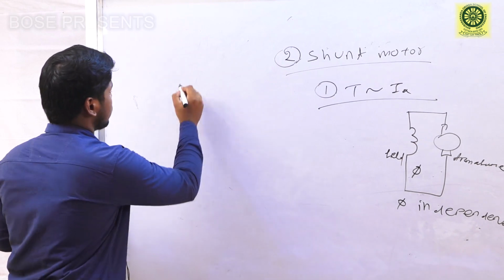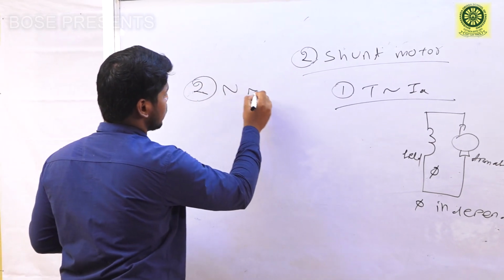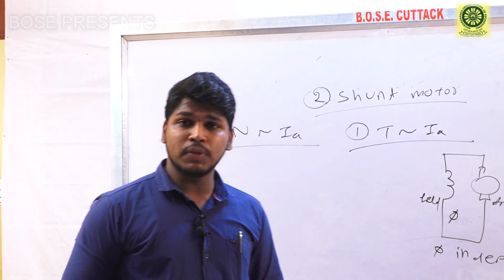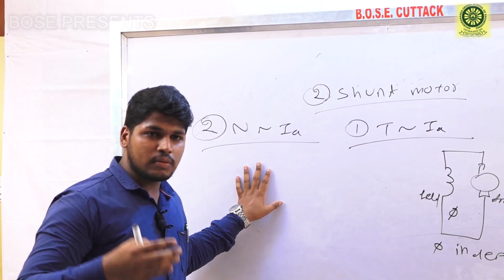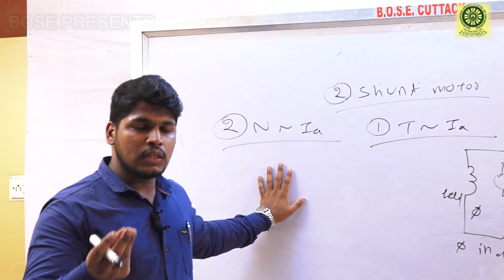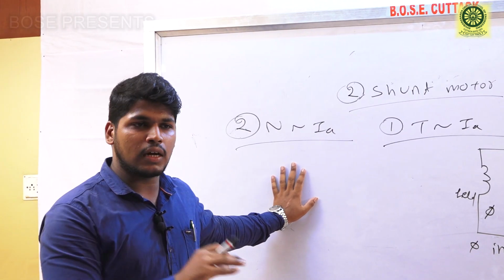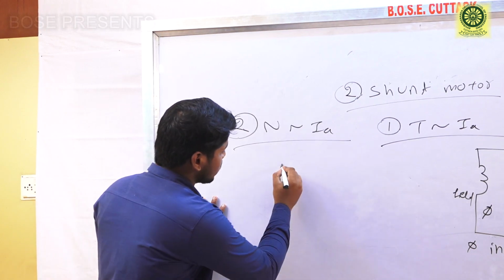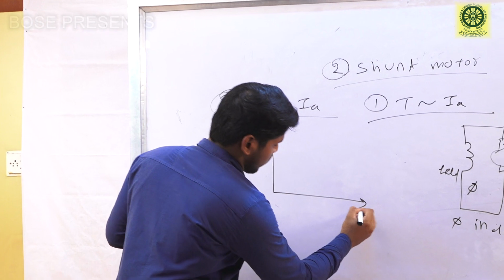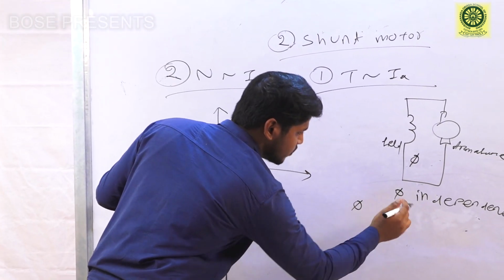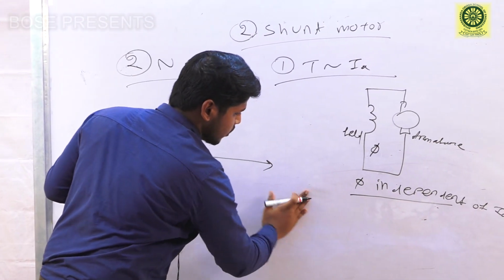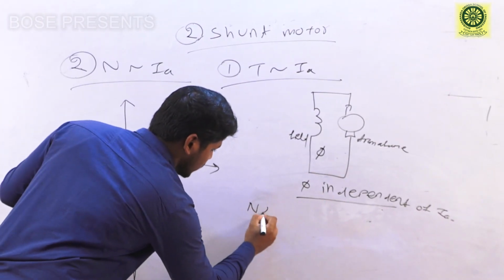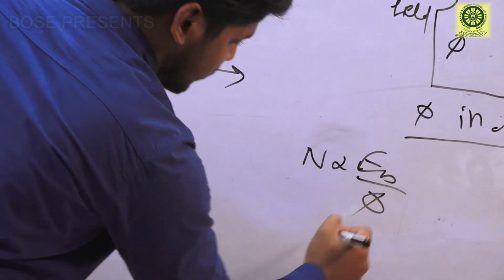The second one is speed versus armature current. As we know, it is a constant speed motor, but on varying the armature current, the speed will decrease slowly, though overall it is a constant speed motor. If we draw its characteristic, as phi is independent of Ia, by changing Ia, phi will not vary, and our formula is N proportional to Eb by phi.